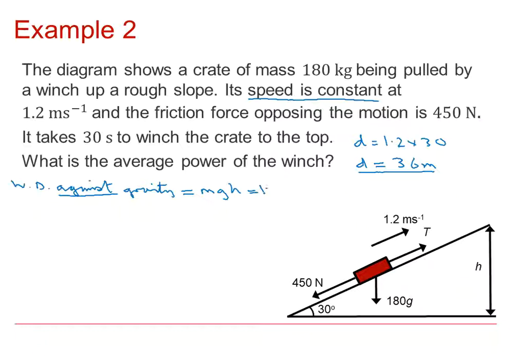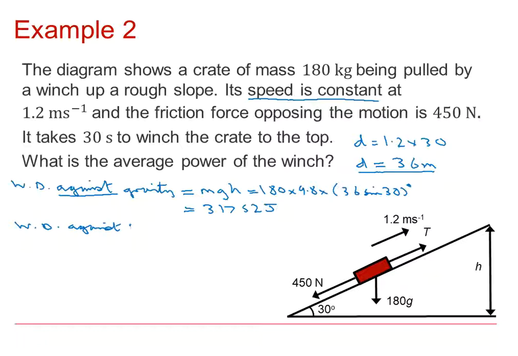So that's 180 times 9.8 times the height, and the height will be 36 sine 30, having done a little bit of trigonometry. So the work done against the weight is going to be 31,752 joules.